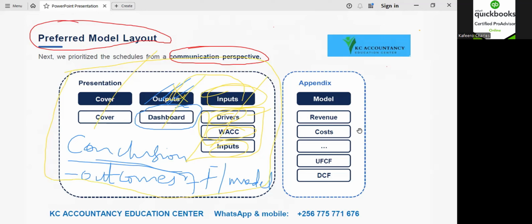So what we have shown the audience is a quick cover page. We have shown them the outputs, and then we have shown them the inputs.